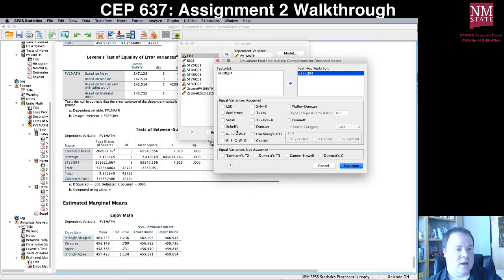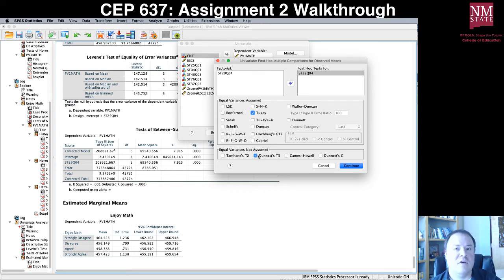So we know that we cannot assume equal variances. So I'm going to go with this one, but I also want to check it against Tukey. Both of these tests are post hoc, meaning that they are going to dig down in and look at pairwise comparisons.